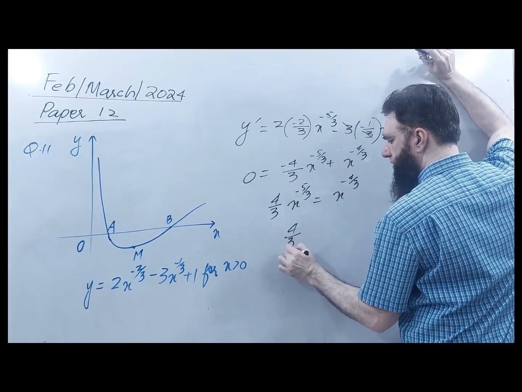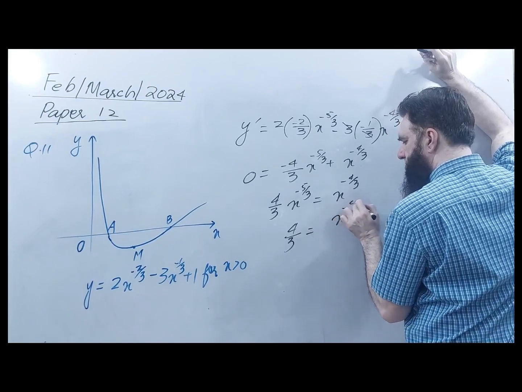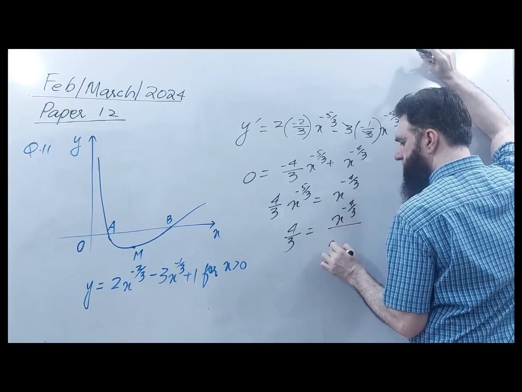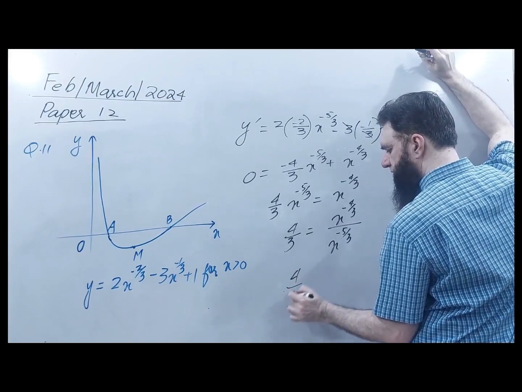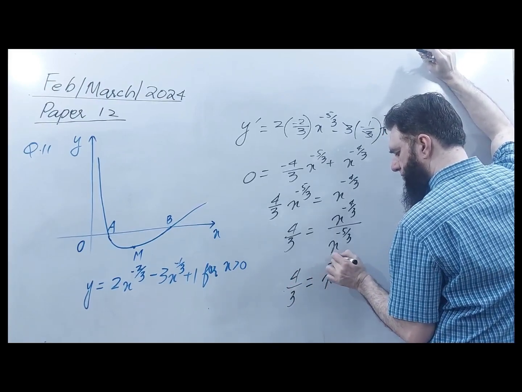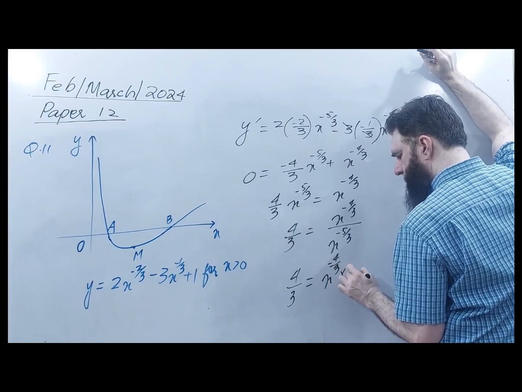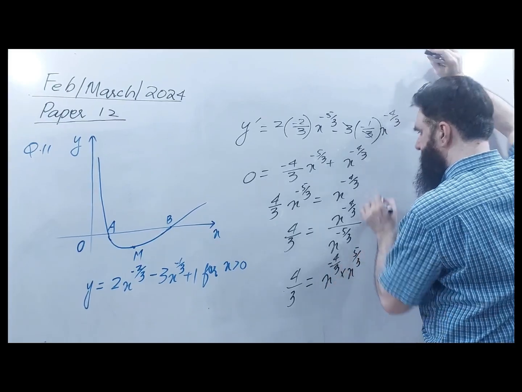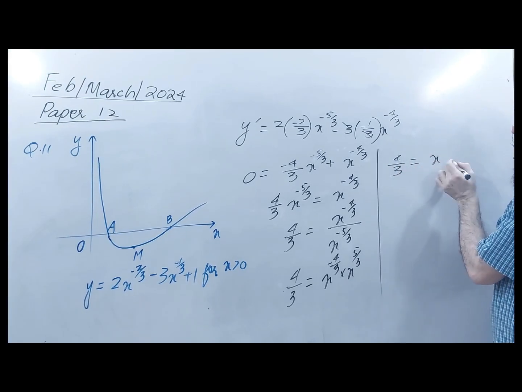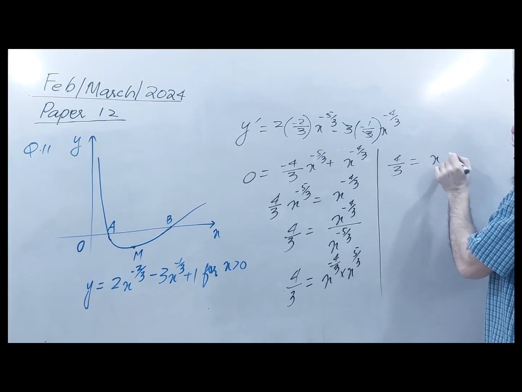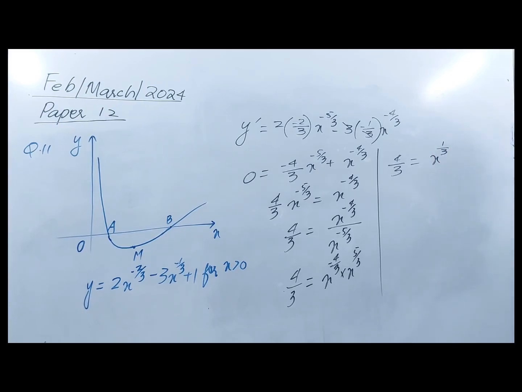So 4 by 3 is x power minus 4 by 3. This comes down minus 5. You could have written it directly as positive. So 4 by 3 is minus 4 by 3 into x power 5 by 3. This is same. What you get is x power, if you add them, 1 by 3.